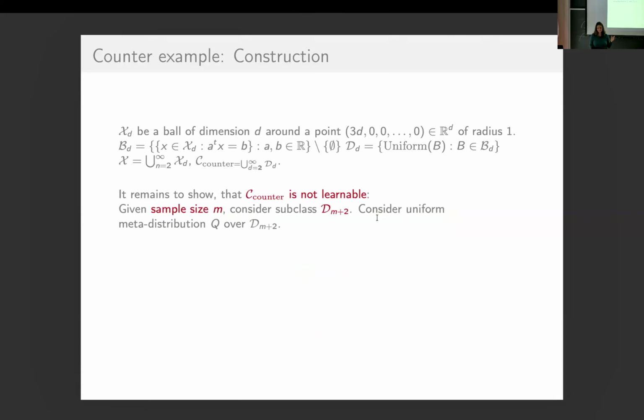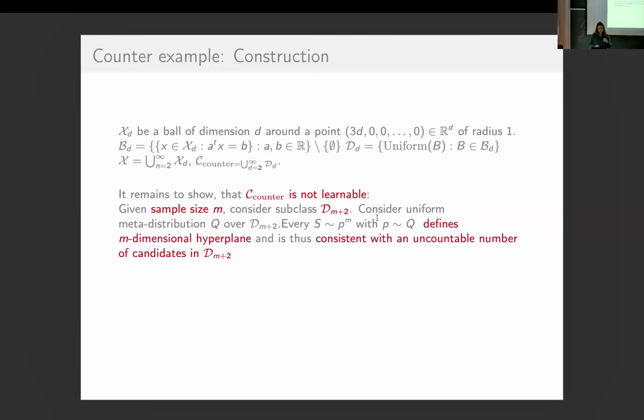Given a sample size m, we can take the subclass D_{m+2}. And then we look at a uniform meta distribution over this class. So basically we randomly sample a distribution from the subclass D_{m+2}. If we take a sample of size m from that, we know that it defines an m-1 dimensional hyperplane.